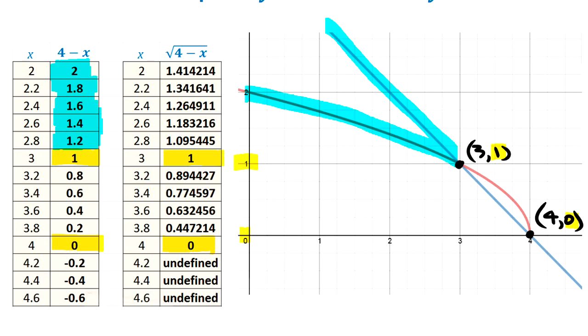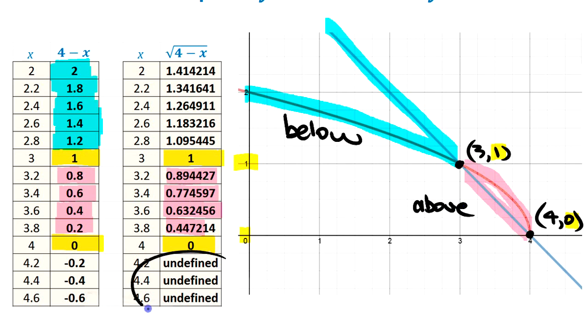So this is below here, below. When you have the original graph's y values less than 1, well, their square roots are going to be bigger than them, right? So that's this section in here where the square root graph's above the original graph, right? So we should write above down there. And then the third spot here is this part where we have these undefined values.